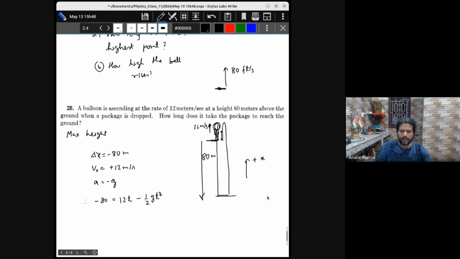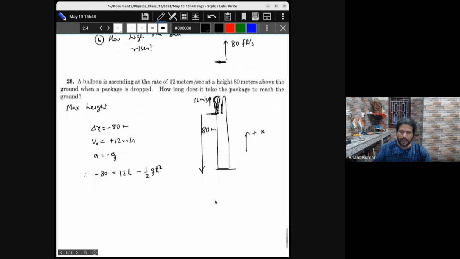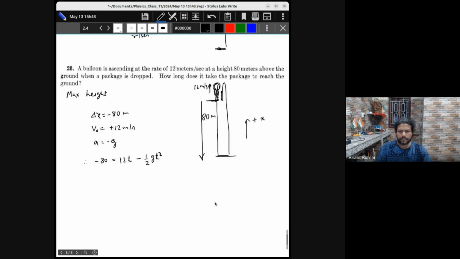That gives a quadratic in t. Taking everything on the left side, so I get minus 24t minus 160.